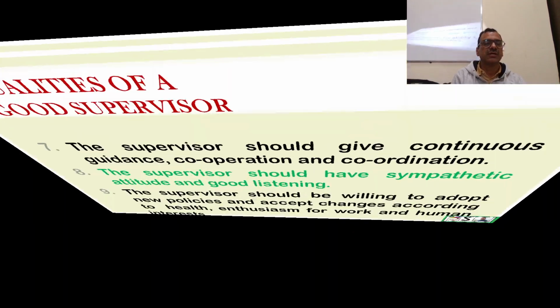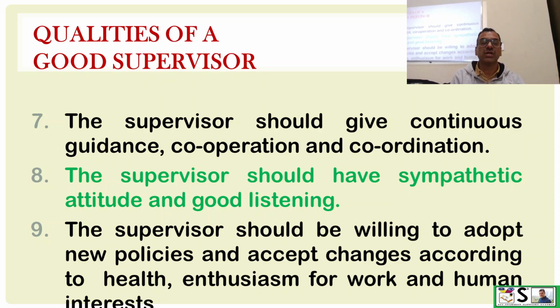Next quality, the supervisor should give continuous guidance, cooperation and coordination to the team. Continuous cooperation is needed for good supervision. The supervisor should have a sympathetic attitude and be a good listener.